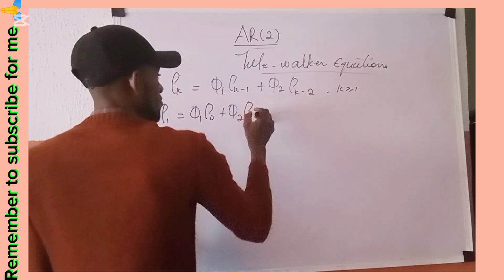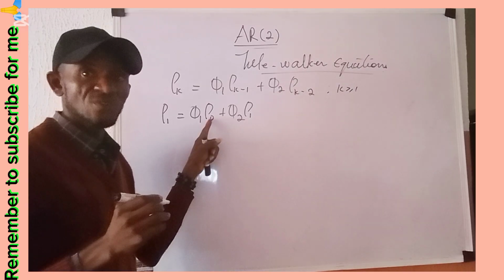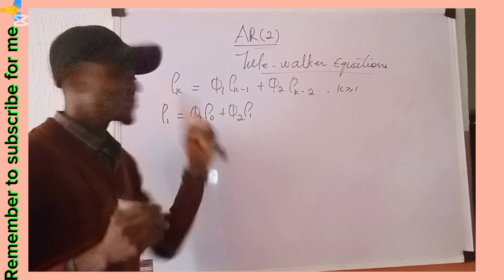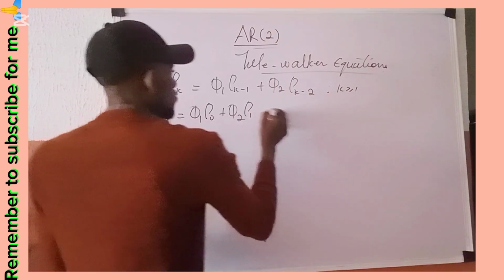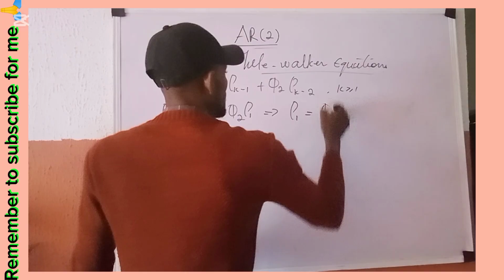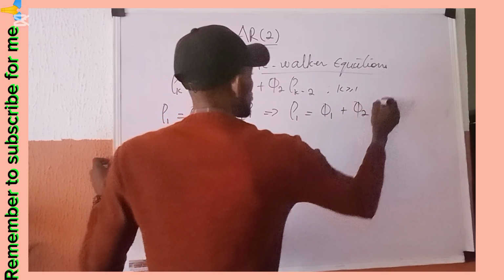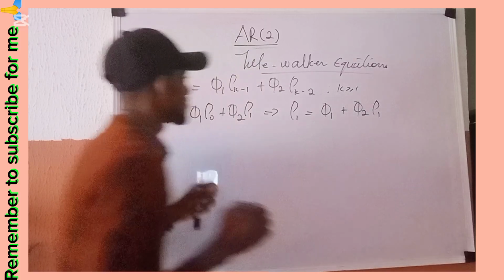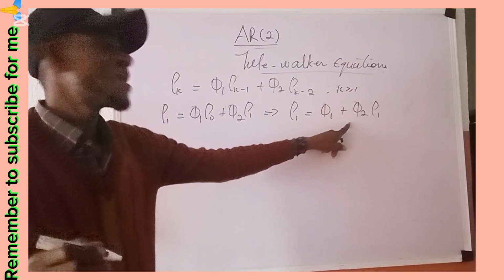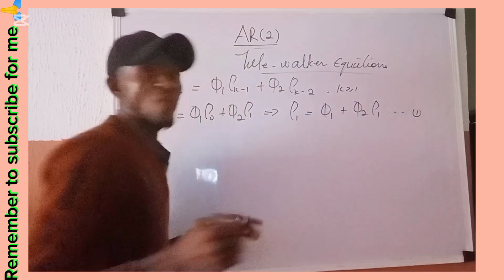But we recall that we earlier showed that the autocorrelation at lag 0 equals 1. So this implies that rho 1 equals phi 1 plus phi 2 rho 1. We call this our equation 1.